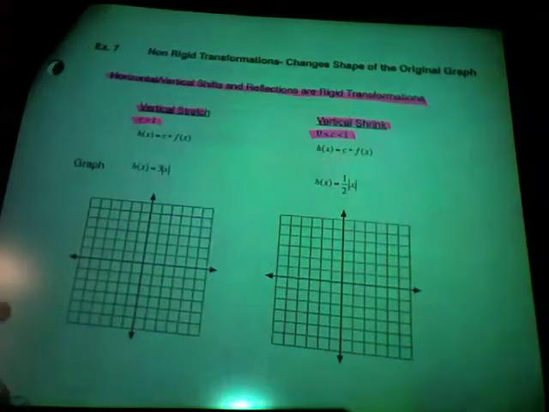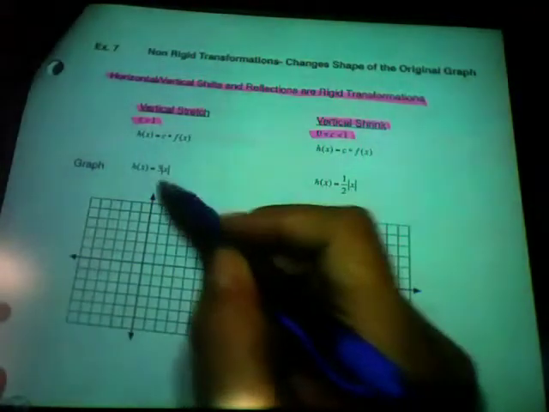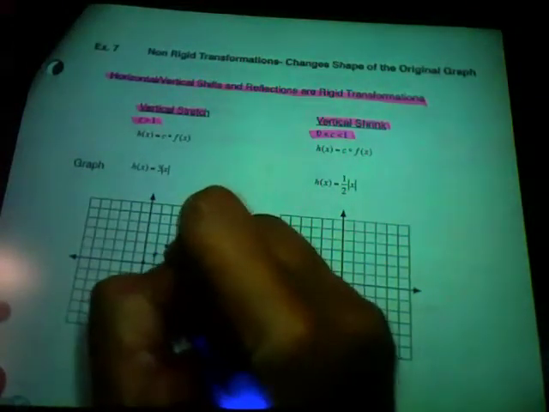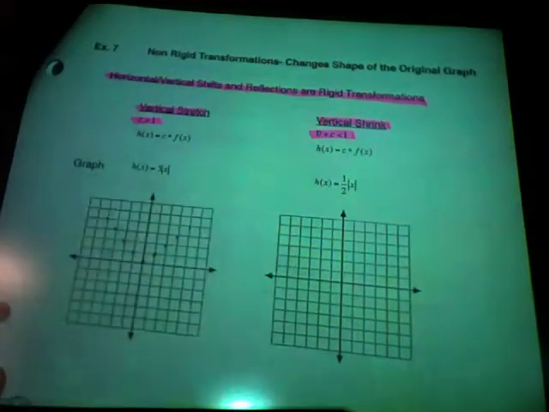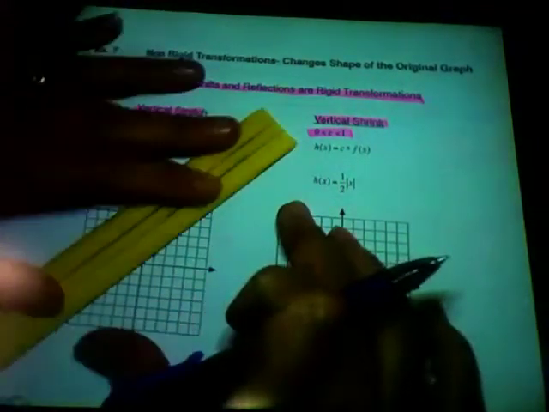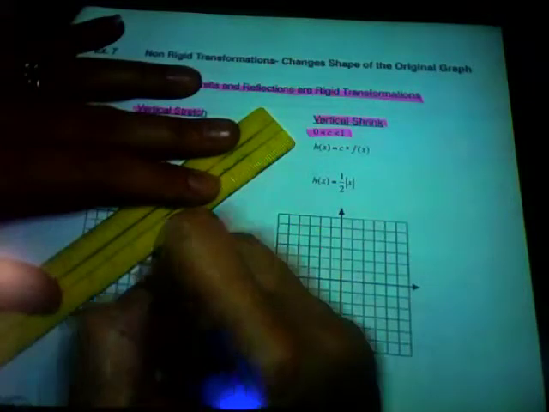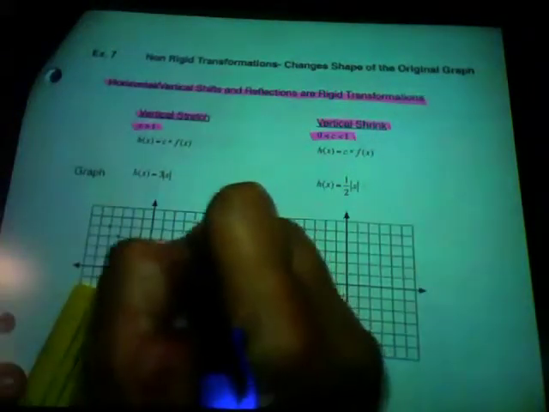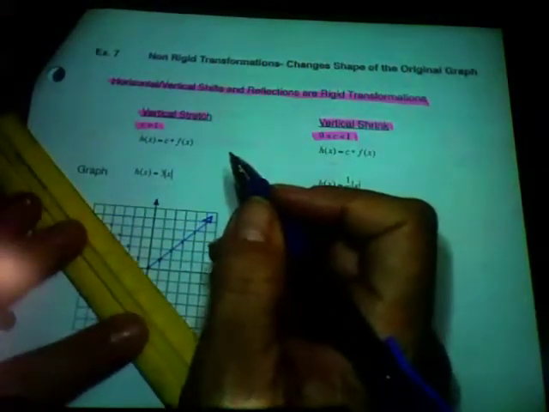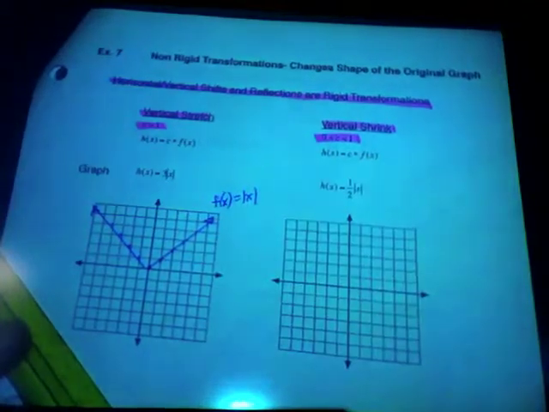All right, so our general function would be absolute value, so it looks like this. So this is f of x equals absolute value of x.